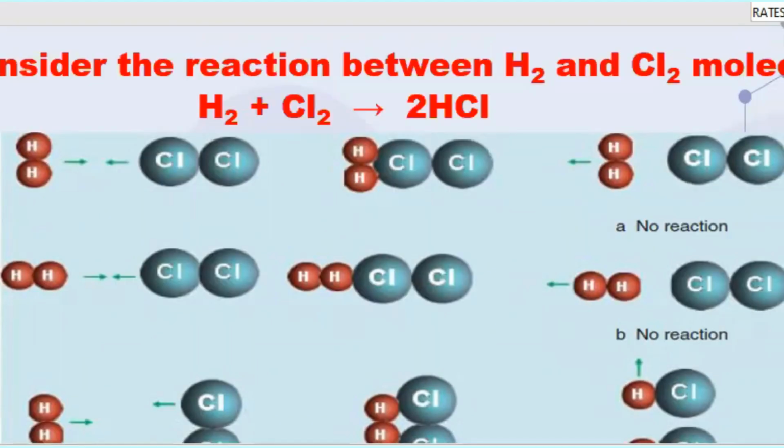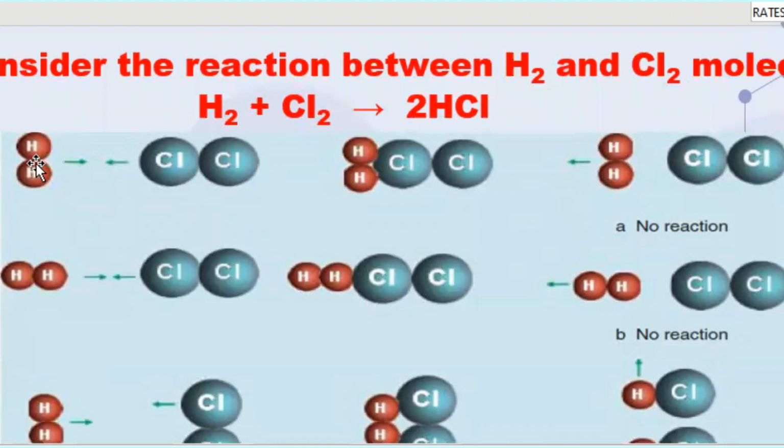According to the collision theory, there are three preconditions. The first precondition is effective collision, the second proper orientation, and the third is activation energy. Here, a hydrogen molecule combines with a chlorine molecule to produce what? Hydrogen chloride.